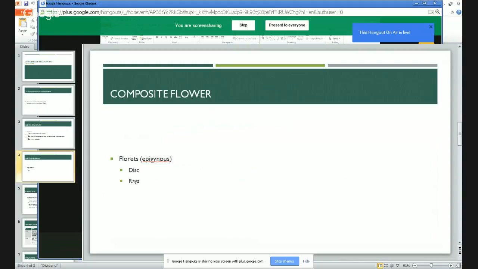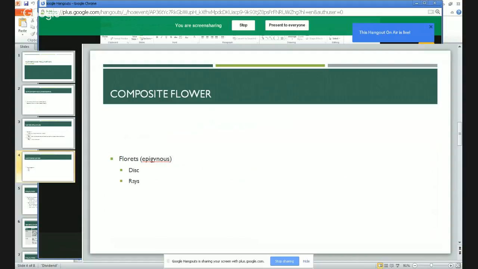And then going around the peripheral part of the sunflower itself are going to be these ray florets, and those are going to have petals. The disc florets don't. But you can see they both have the stigma branches, they've got anthers, and things like that. The difference is the ray florets are going to have the petals also, and so those are only located on that periphery, which makes sense.